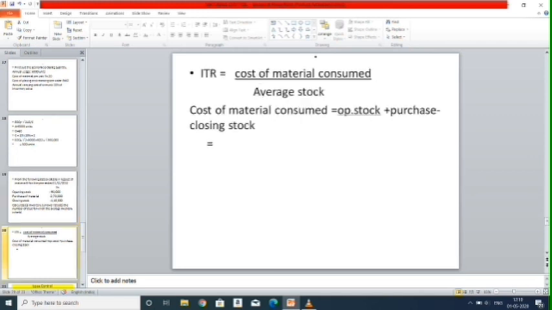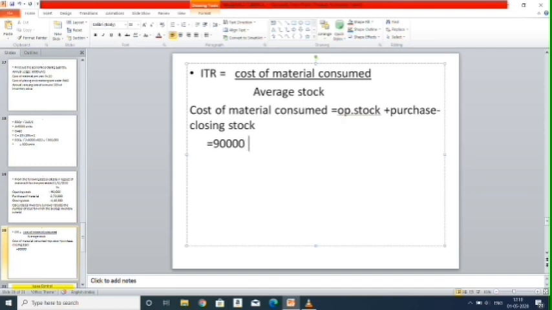Opening stock 90,000 plus purchase 2,70,000 minus closing stock 1,10,000.